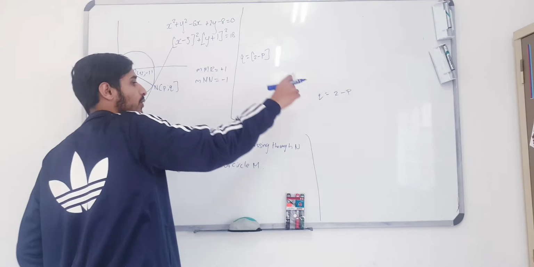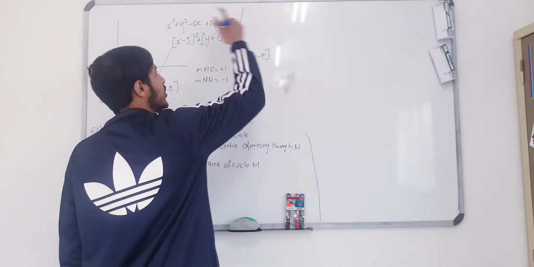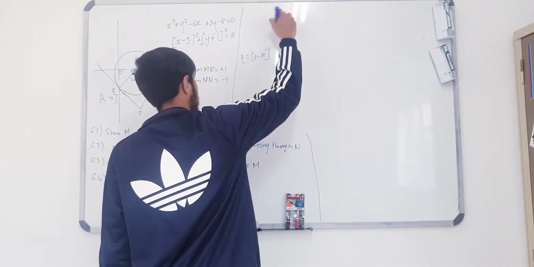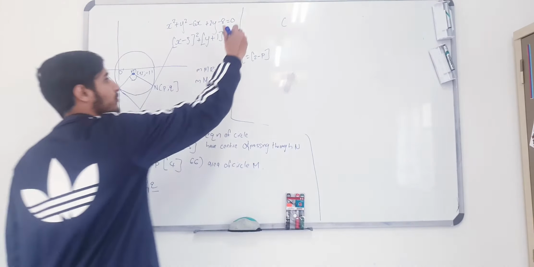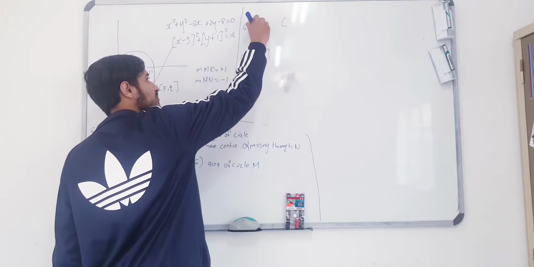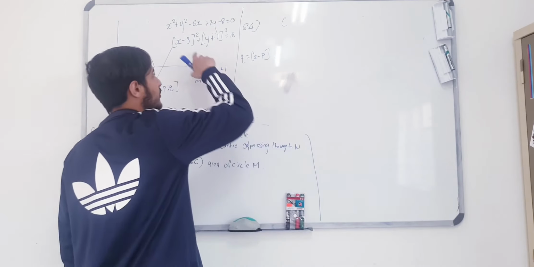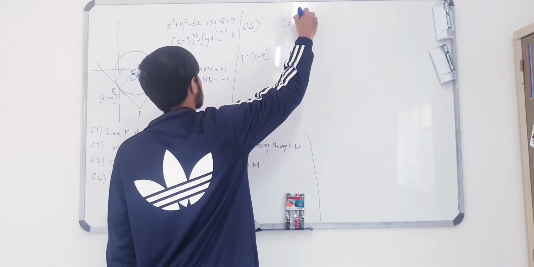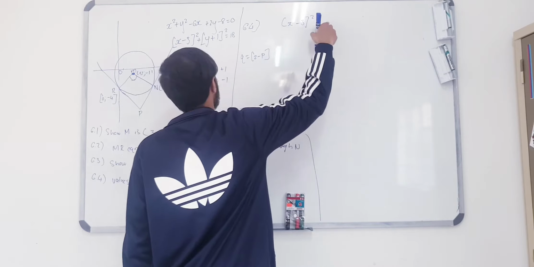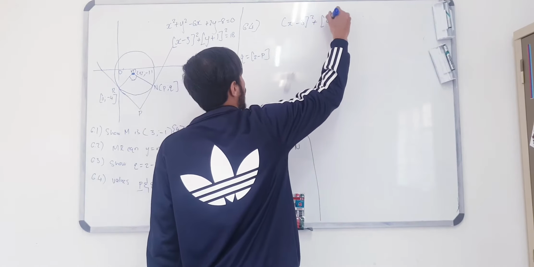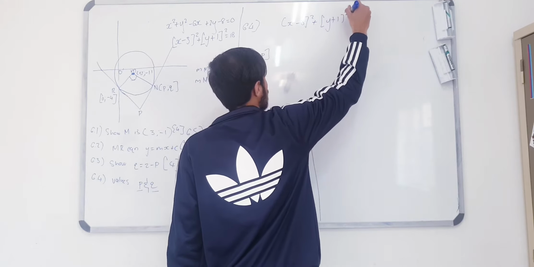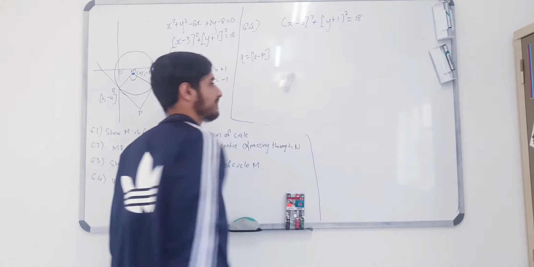So you take your equation and write it out. So now we're answering 6.4. Right, 6.4, we're going to talk about this now. It's x minus 3 squared plus y plus 1 squared equals 18.